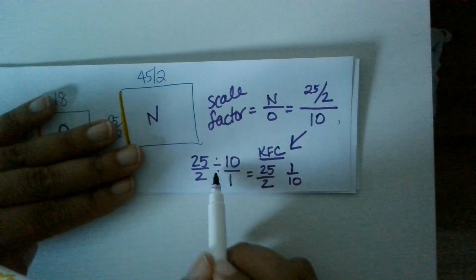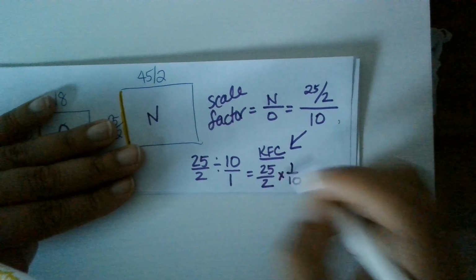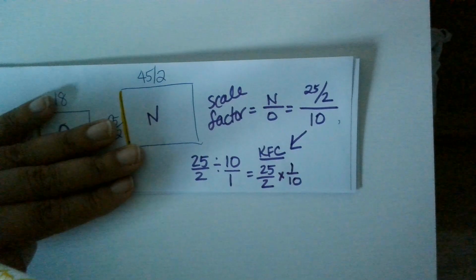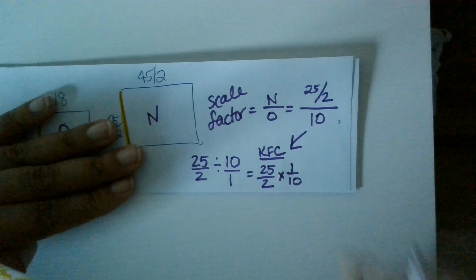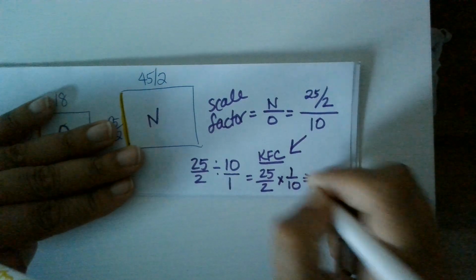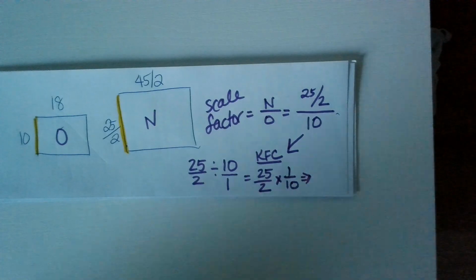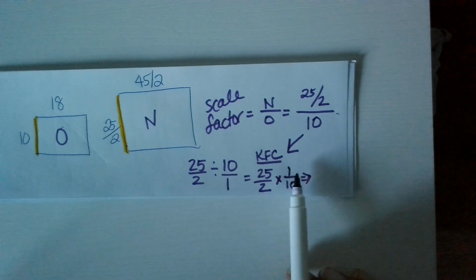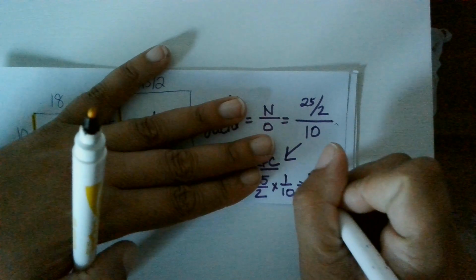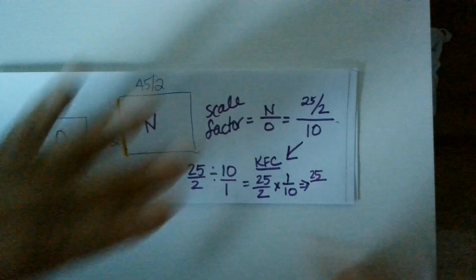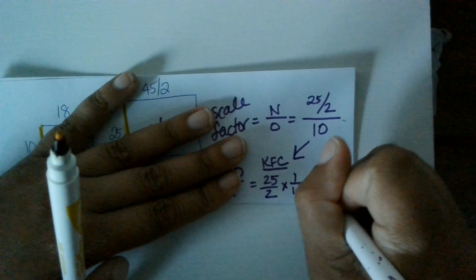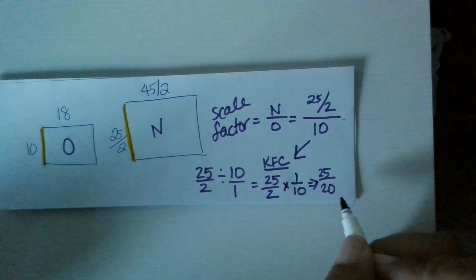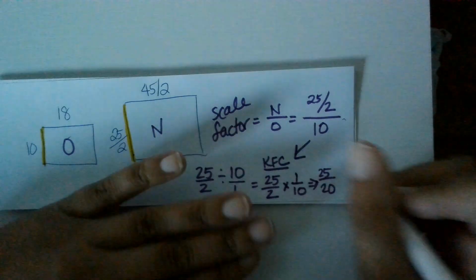And now we're going to change my division because if I'm rewriting this as a reciprocal, you have to do the opposite operation. So now, if you multiply straight across, 25 times 1 is 25. 2 times 10 is 20. Now, 25 over 20, I can simplify that.